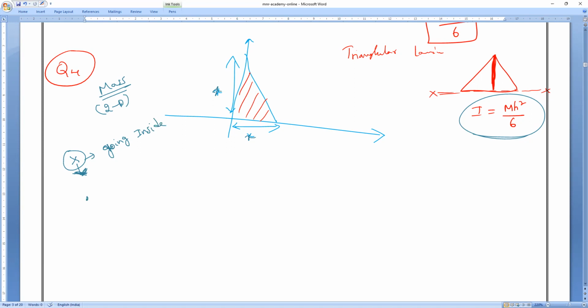If I put a dot, it indicates perpendicular to the plane but coming outside. Now I am putting a cross mark here. Now you tell me, is it into the plane or out of the plane, perpendicular to the surface? Everybody?